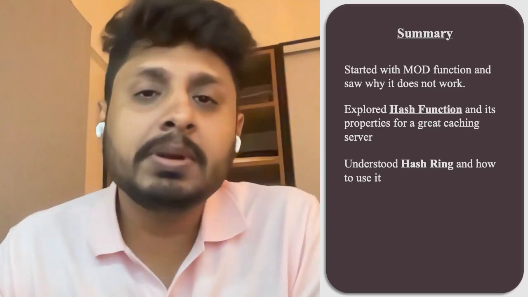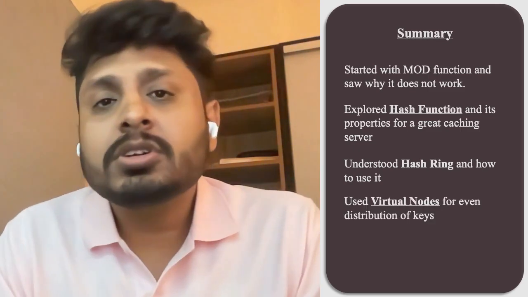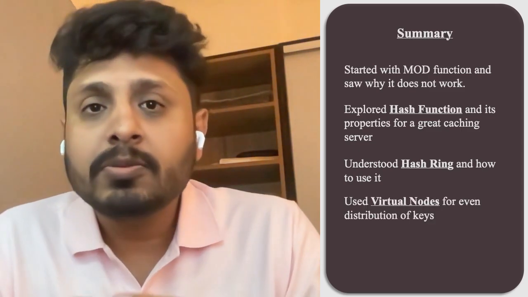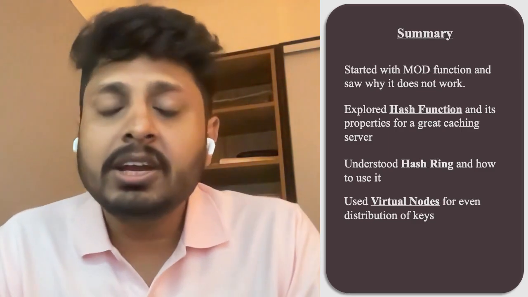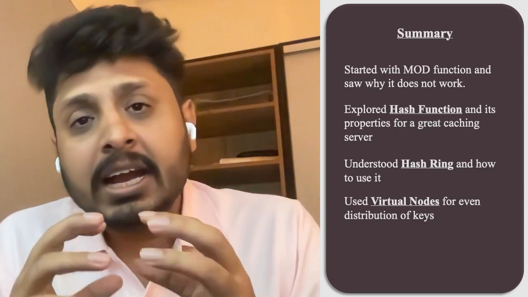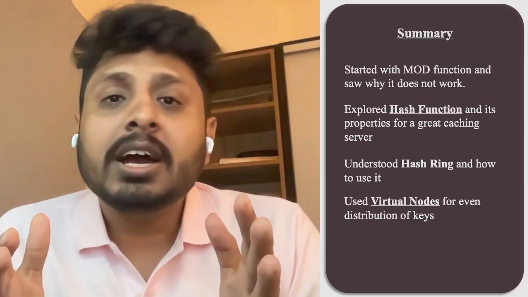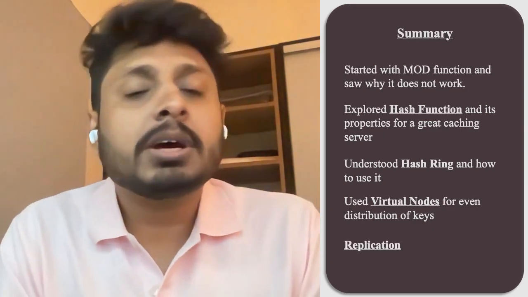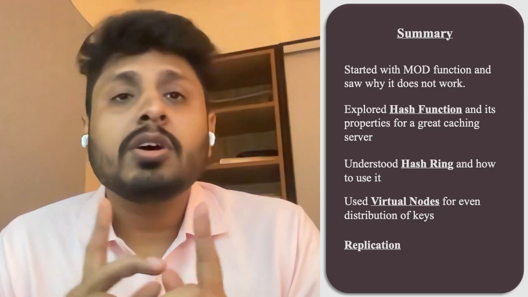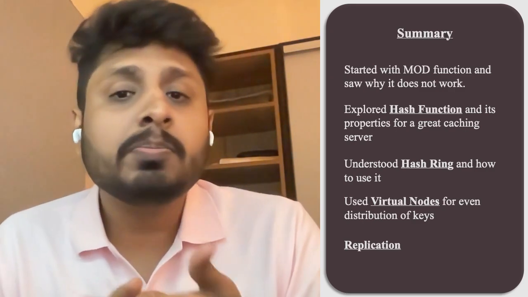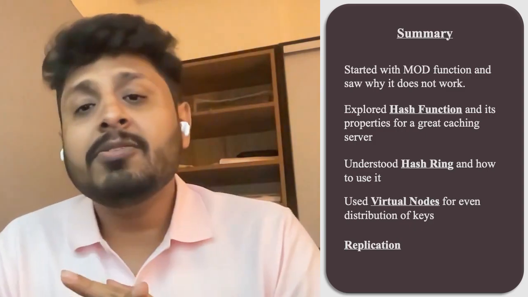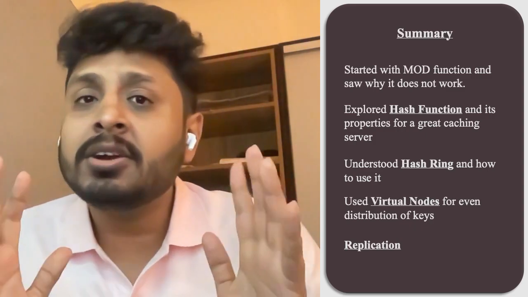With the hash ring in place, we introduced a concept called virtual nodes, which helped us evenly distribute the keys across multiple servers. And to be resilient, we discussed the replication mechanism. So now we can scale a system without panic, without pain, and definitely without breaking production at 2 a.m., right?